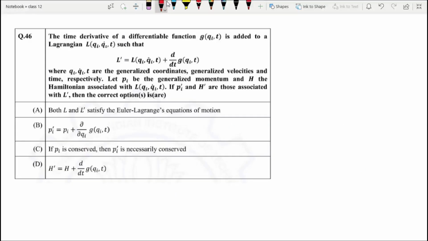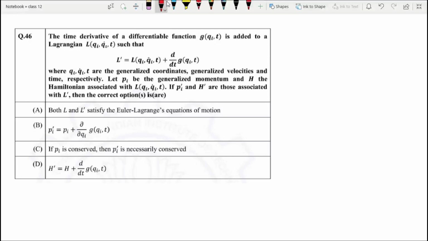The time derivative of a differentiable function g of qi and t is added to a Lagrangian L such that L prime is equal to L of qi, qi dot, t plus d by dt of g, where qi, qi dot and t are generalized coordinates, generalized velocities and time respectively.